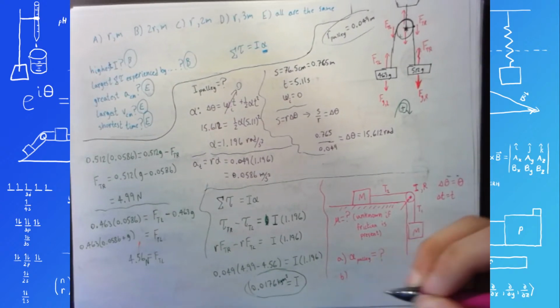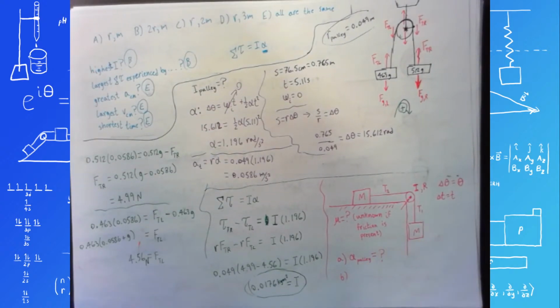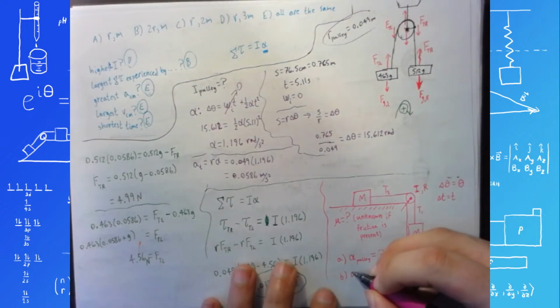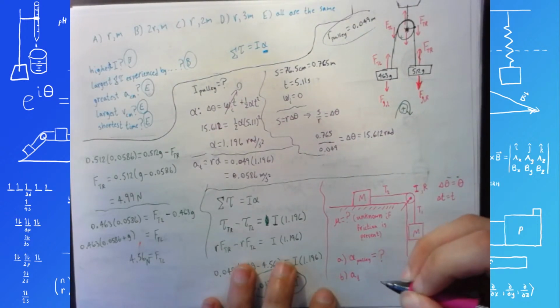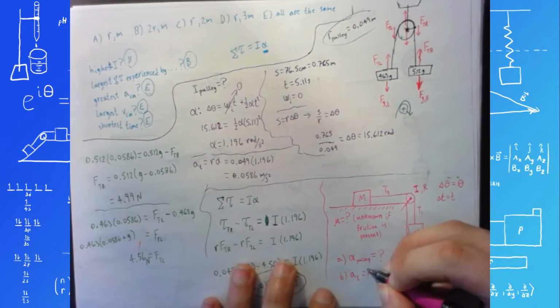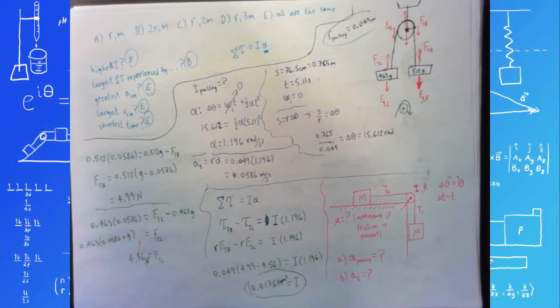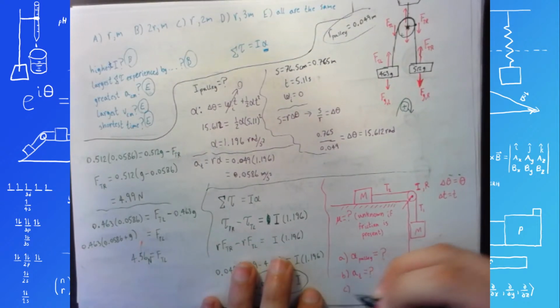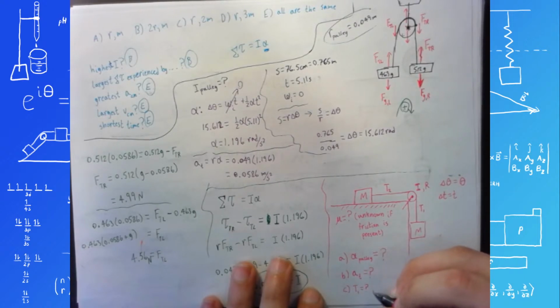Part B is asking, what is the acceleration of the two blocks? So what is the translational acceleration? And part C, what are the tensions in the upper and lower sections of the string? So part C, what is T1 and what is T2?